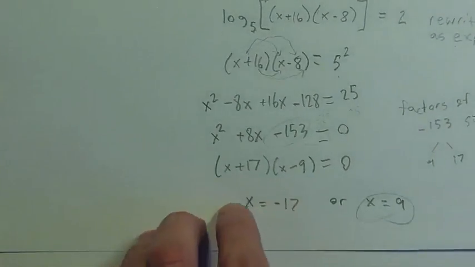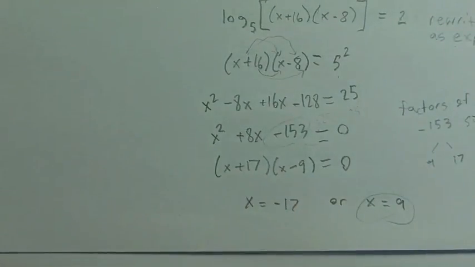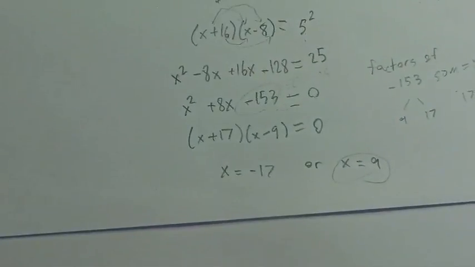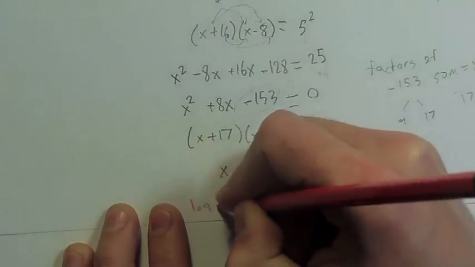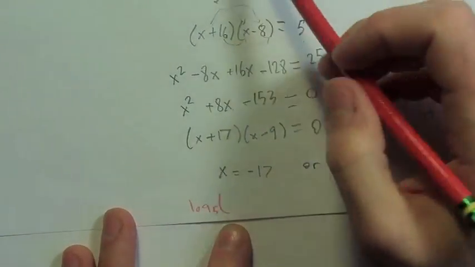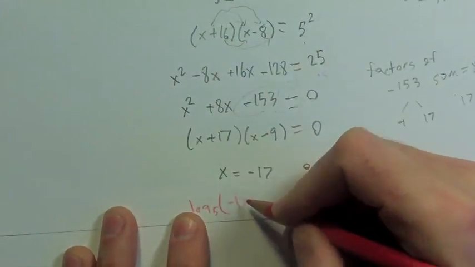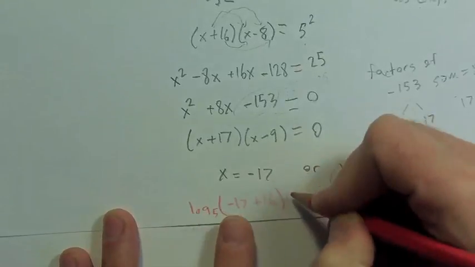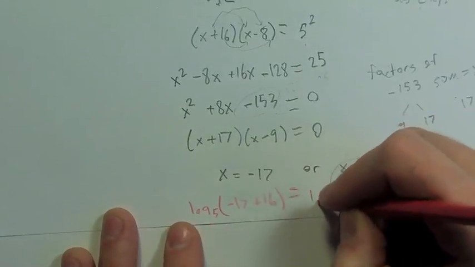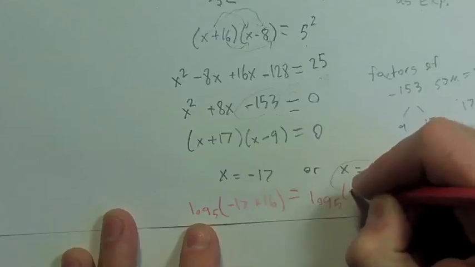On the other hand, this is going to cause us problems. X equals negative 17 is problematic because log base 5 of negative 17 plus 16, that's our first term, is log base 5 of negative 1.